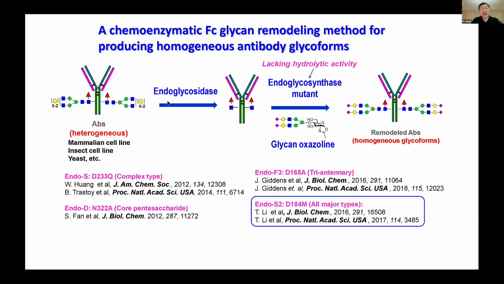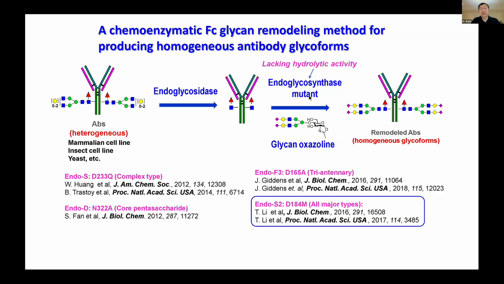The method has two steps. The first step is to use an endoglycosidase to remove the heterogeneous sugar in the recombinant antibody by cleaving the glycosidic bond between the two N-acetylglucosamines, so you end up with a key intermediate in which the first sugar is still attached to the glycosylation site. Then we developed a mutant enzyme based on the endoglycosidase structure, with site-directed mutation at a conserved residue critical for hydrolysis.